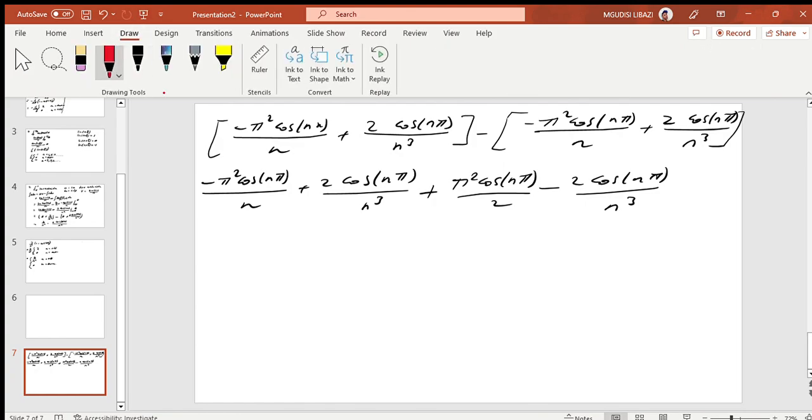You can notice that this will cancel that and that will cancel that, and we get a final answer of 0. So that is how we can evaluate that.